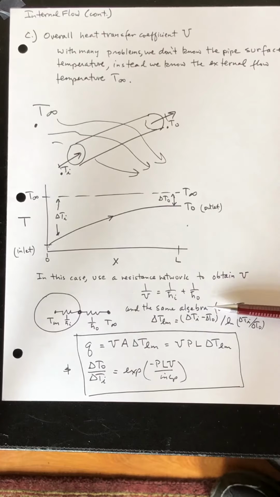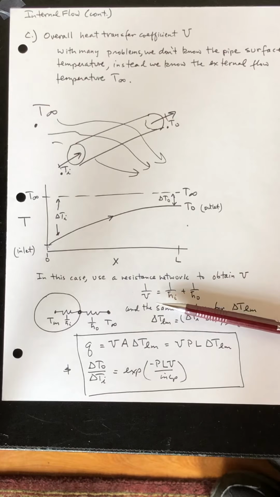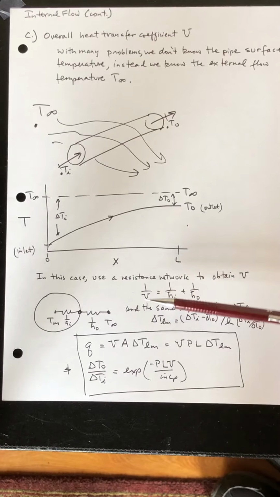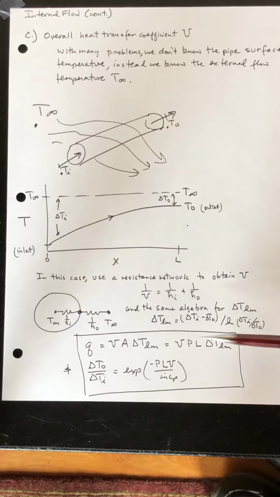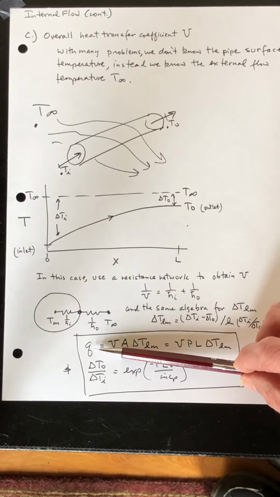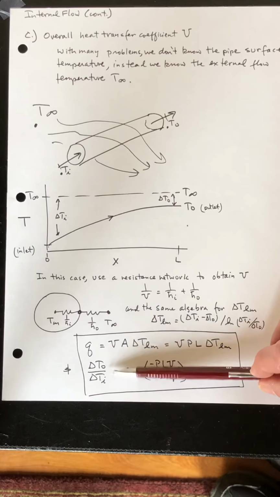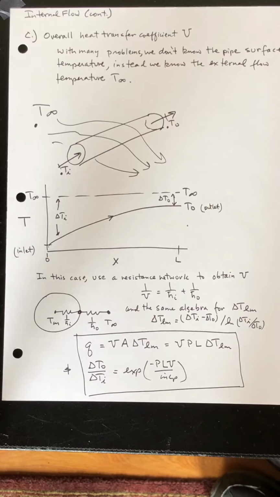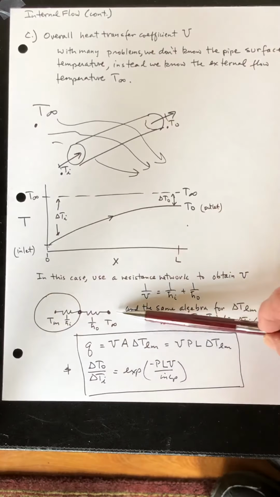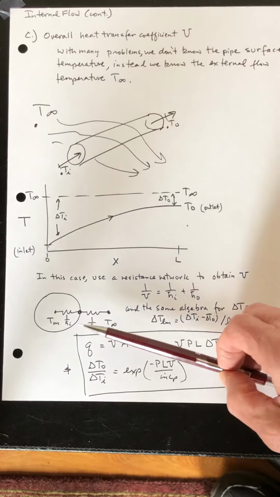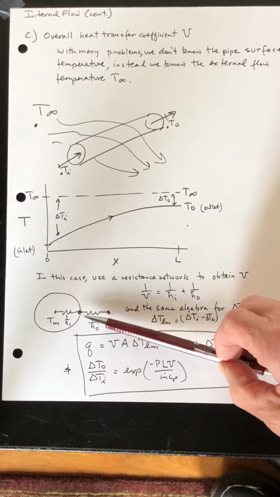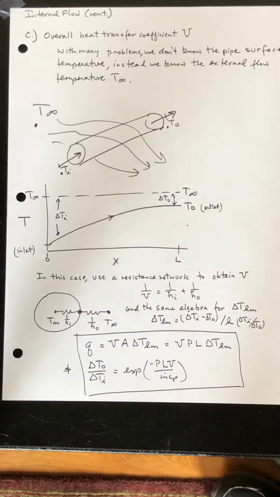If we have those, we can then construct an overall conductance and then use that plus a revised form of the log mean temperature difference to compute the heat transfer and the temperature differences. So if you forget how to do this, just review your notes on resistance networks, where the resistance is really 1 over the conductance.